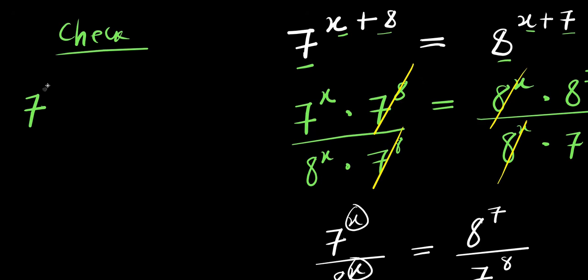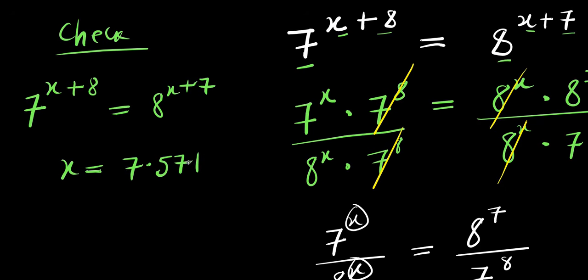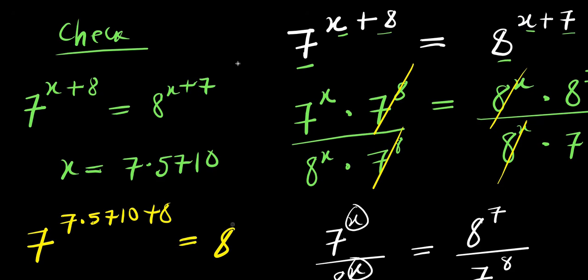You have 7 power x plus 8 equals 8 power x plus 7, and our x is 7.571. Then you can add 0 to 4 decimal places. So you insert it right here. You have 7 power 7.5710 plus 8, does it equal 8 power 7.5710 plus 7?